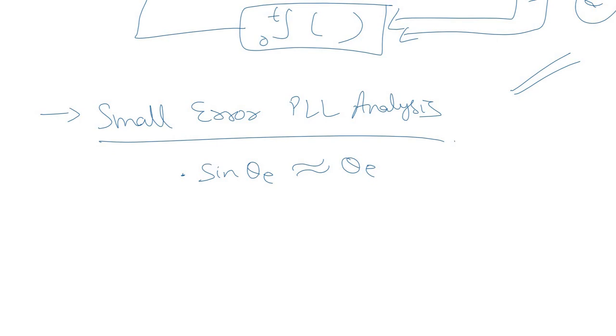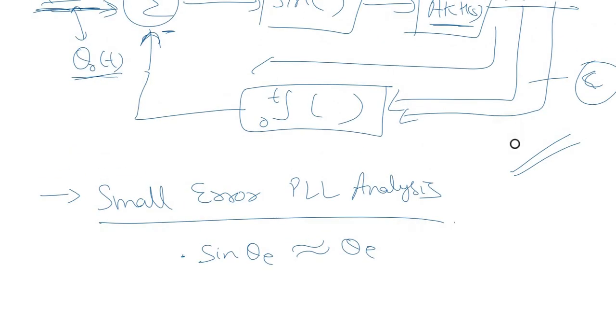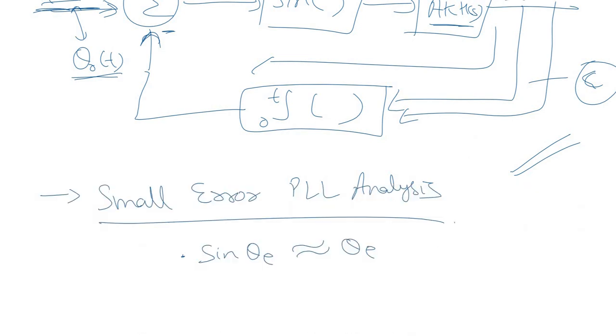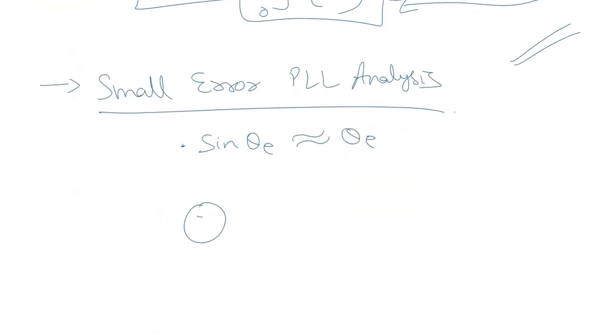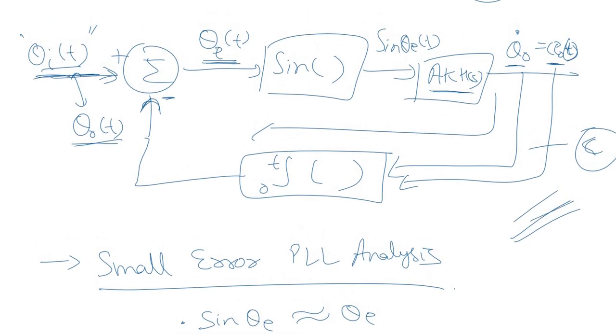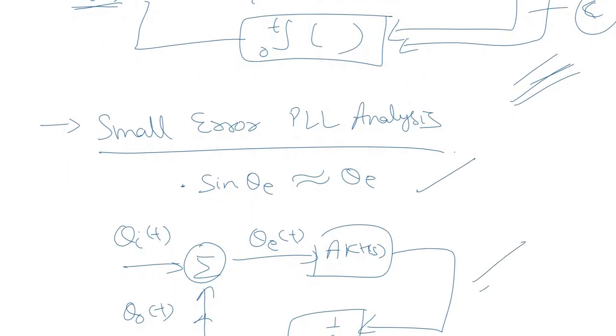Now if we look at the block diagram for equation number C, we can say that it is reduced to a linear system. If we apply this assumption, this block diagram can be reduced to this. This is the phase error. So this overall loop diagram, if we apply this valid assumption, is limited to this integral.